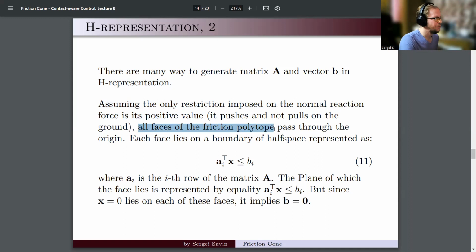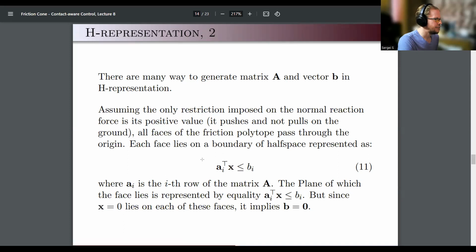Extremely important detail. Why? Well, let's think about it. Each face basically lies on the boundary of a half space, and the half space is represented this way. Those are half spaces, like AX less than B. Each row in this equation is like this: A sub i dot product with X less than B sub i.